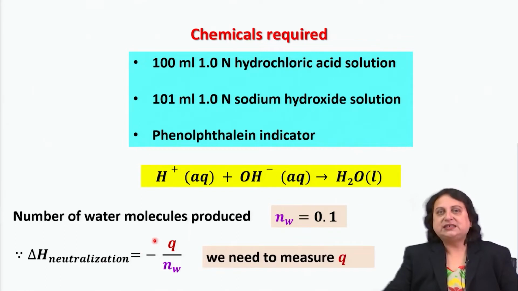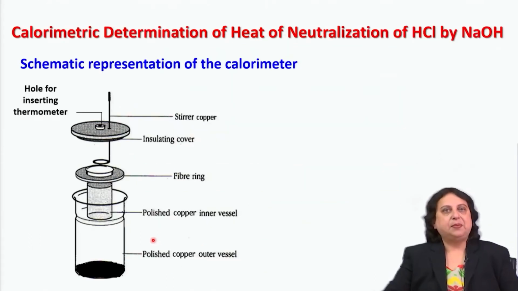So, let us next see how we can go ahead and measure Q, the amount of heat evolved, using the calorimeter. That is the next step, but before doing that, let us have a look at what is there inside the calorimeter.